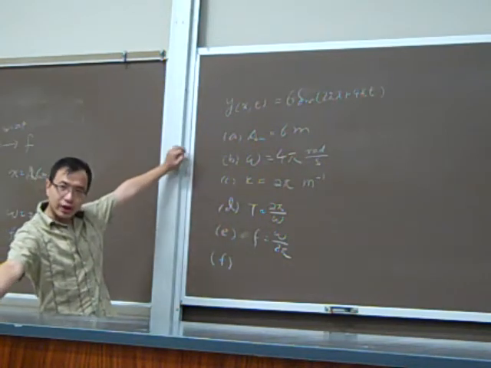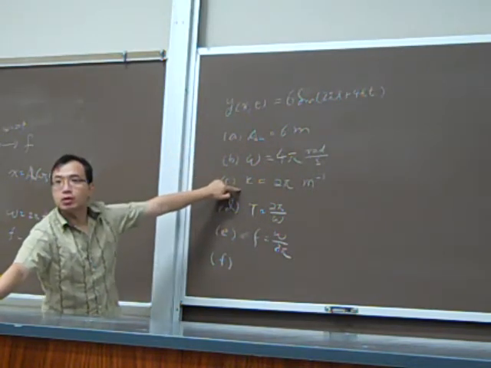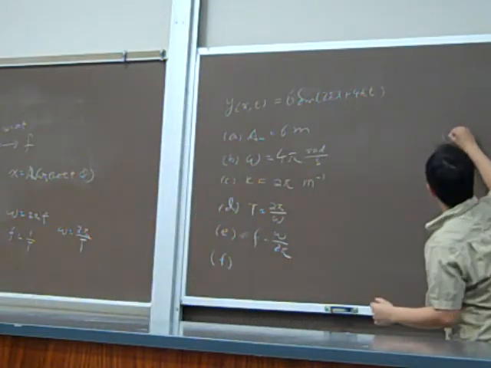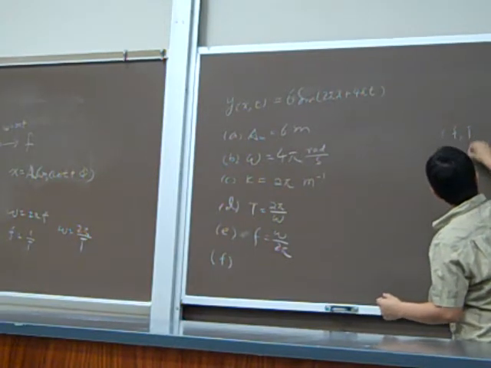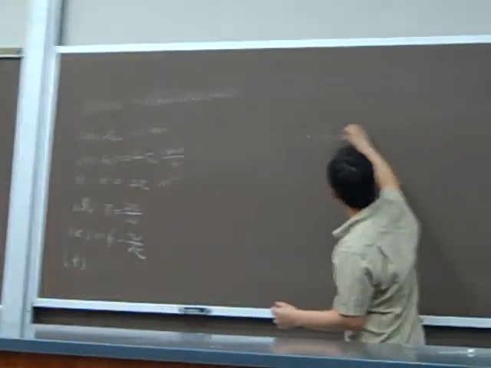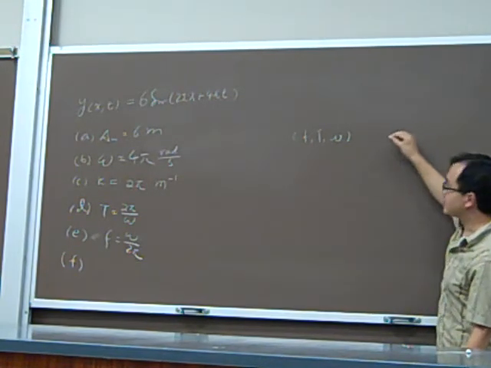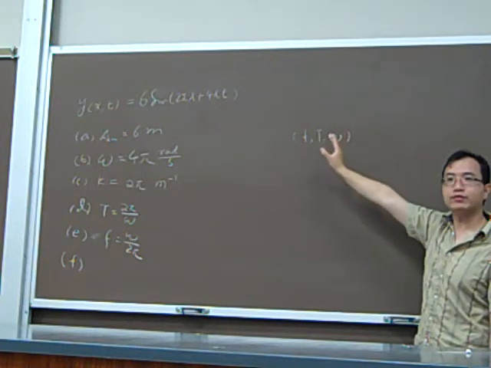Which quantity here is related to wavelength? These quantities are one group: frequency, period, angular frequency. These are related with each other. They are talking about the time aspect of the wave.